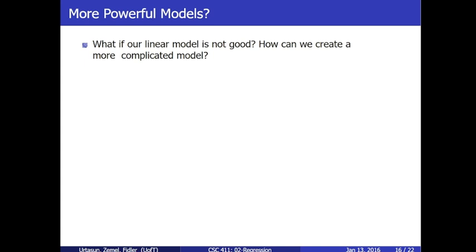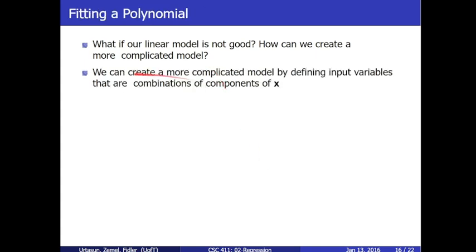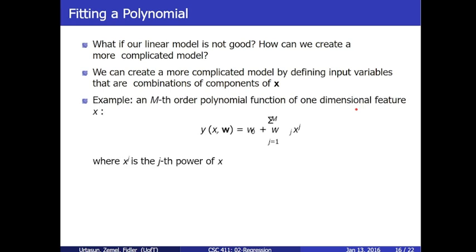For example, if the function does not follow a linear form, and is leaning towards more of a quadratic form, how do we do that? We can create a more complicated model by fitting a polynomial, defining input variables that are combinations of components of x. For example, an m-th order polynomial function of a one-dimensional feature x.